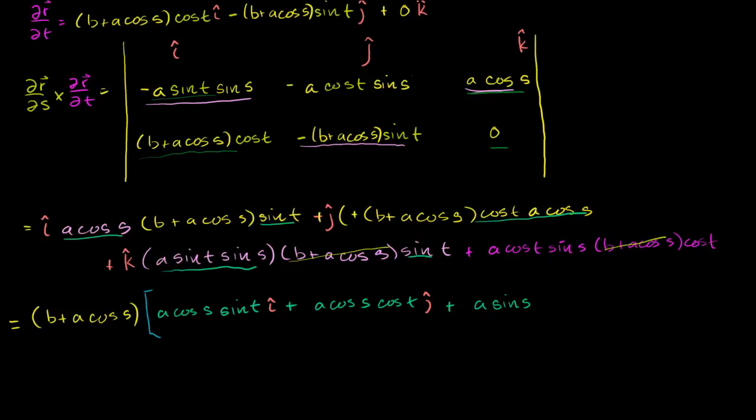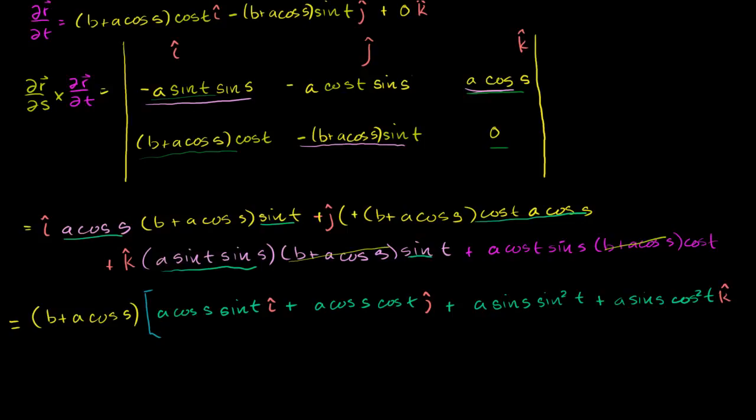Plus, what do we have over here? We have a sine of s times cosine squared of t. And all of that times the k unit vector.